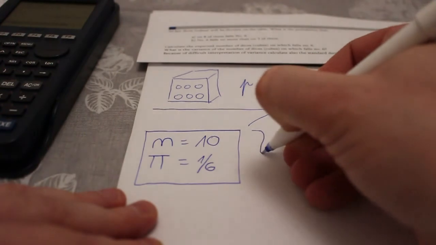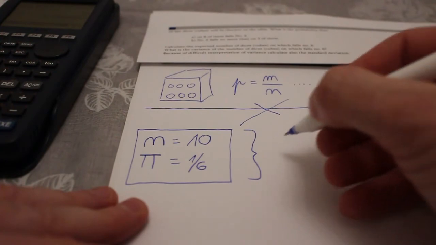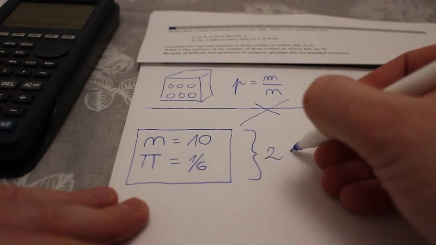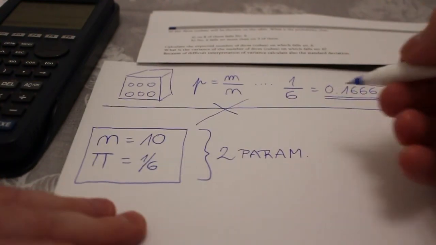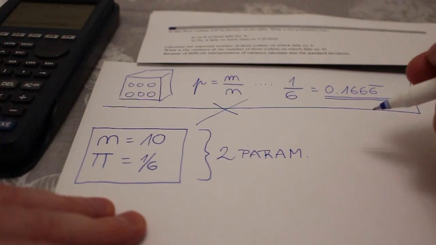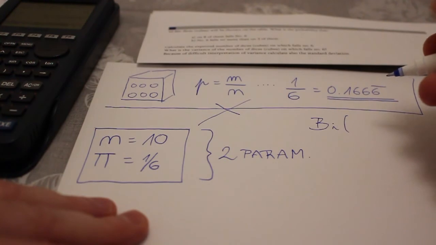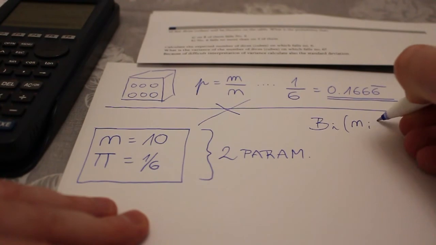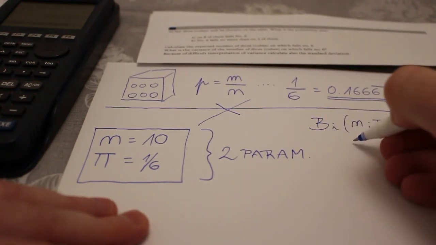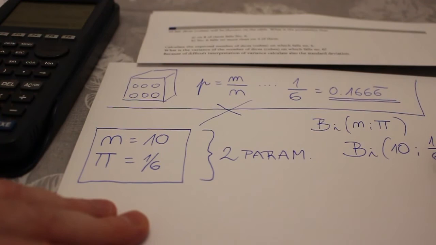From this information we can conclude that we know 2 parameters, and with 2 parameters we use the binomial probability distribution, with parameters n and p. So we have a binomial distribution with parameters 10 and 1 divided by 6.